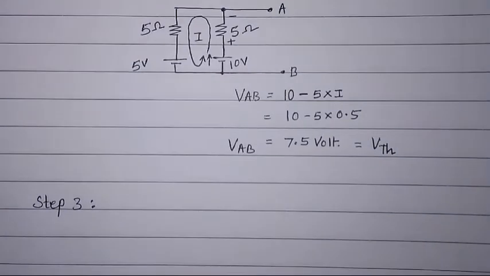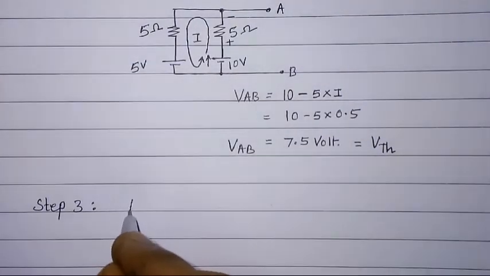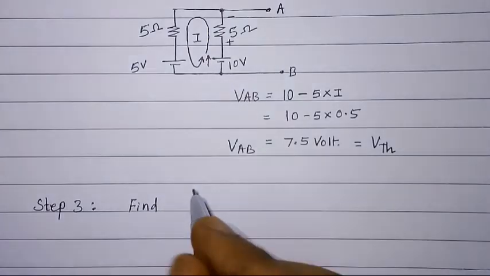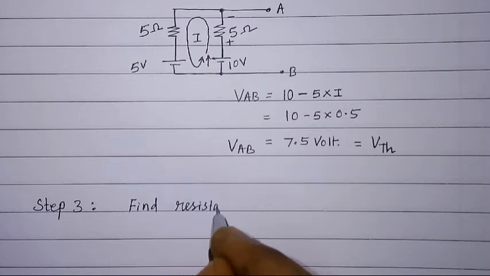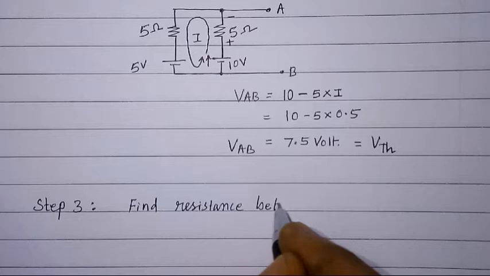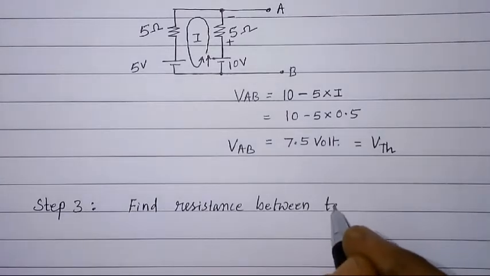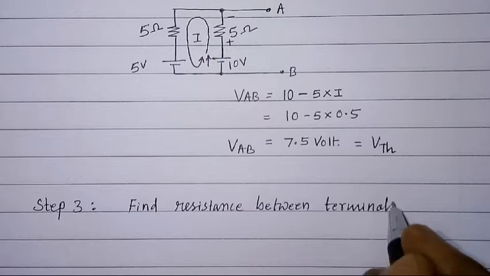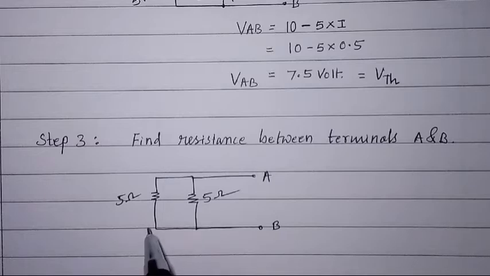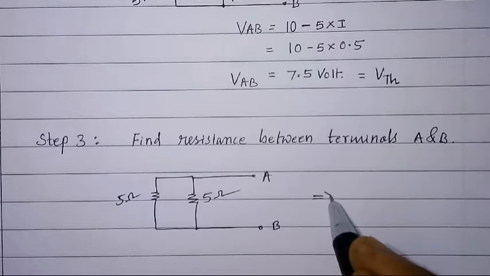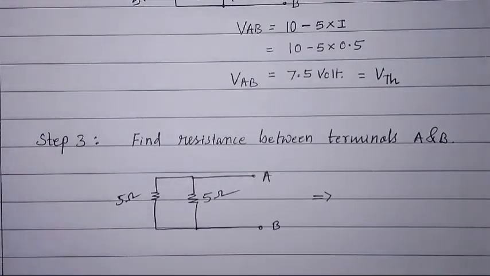Step 3. Find resistance between terminals A and B. After replacing the 5 volt source and 10 volt source by their internal resistances, the circuit appears as shown here.